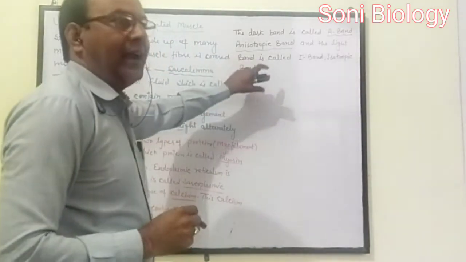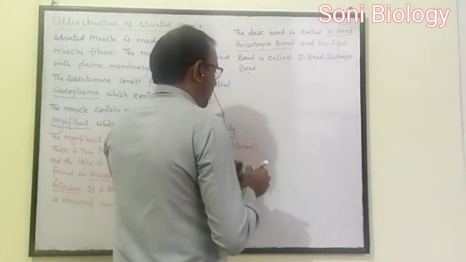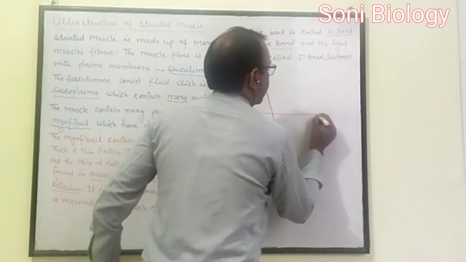How are the A and I bands present in the muscles? Suppose this is the A band.